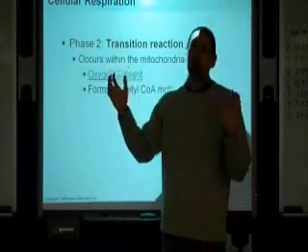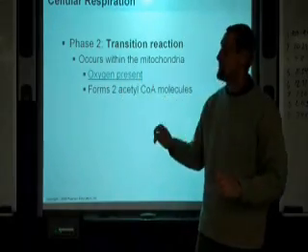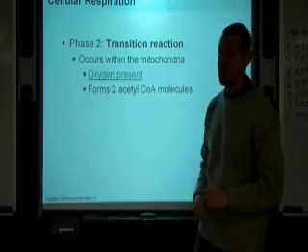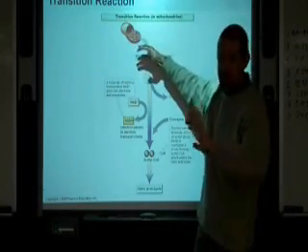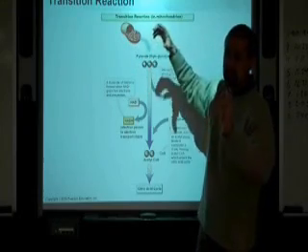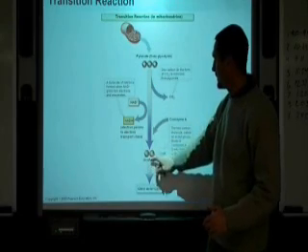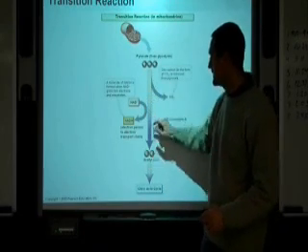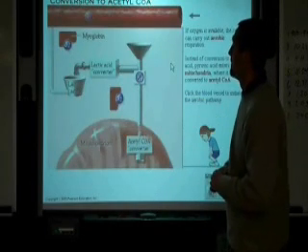Those 2 molecules, it doesn't really matter, the name just happens to be pyruvic acid, acetyl-CoA, and our body takes that acetyl-CoA and can use it. So the transition reaction is just taking molecules, making them something useful. So we're taking a pyruvate, we'll turn it into acetyl-CoA through some chemical reactions. By doing that, we're going to get a usable molecule.